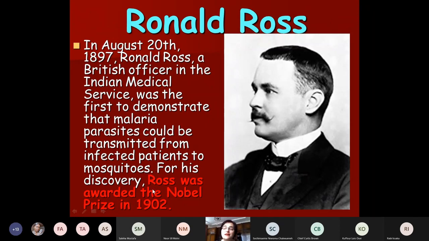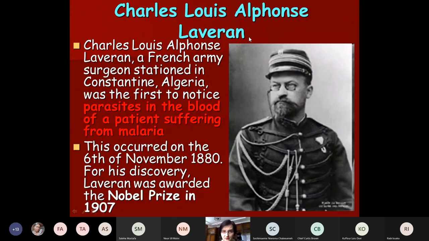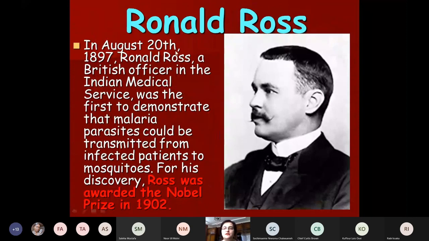Because parasites present in blood, Alphonse Laveran proved this, but how they appear in this blood, nobody could understand. That's why, due to Ronald Ross, the scientists, the doctors understood that this disease and these parasites can be transmitted exactly by mosquitoes.